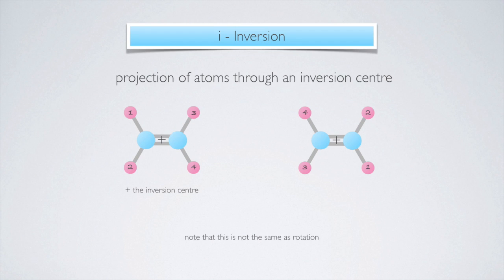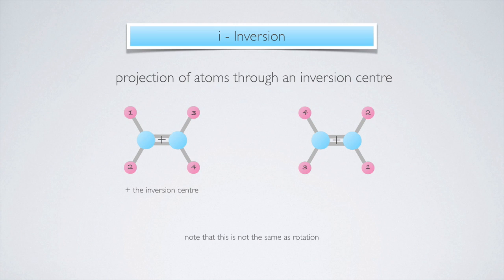The inversion is the projection of atoms through a centre of inversion. It's not the same as a rotation, and here we've numbered the hydrogen atoms to illustrate what we mean. The centre of inversion is the little plus sign in the middle of the molecule on the left-hand side.